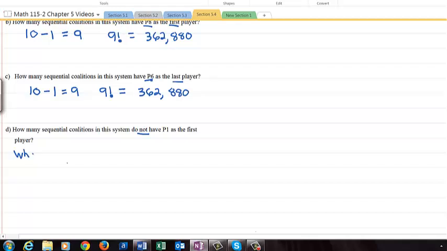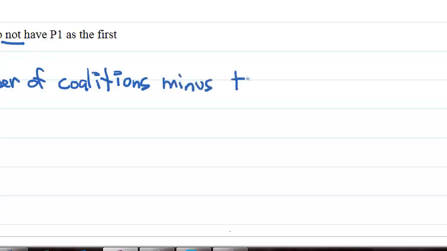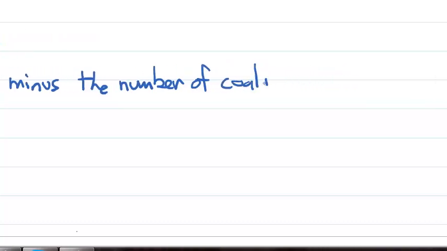What is the total number of coalitions minus the number of coalitions that have player 1 as the first player?